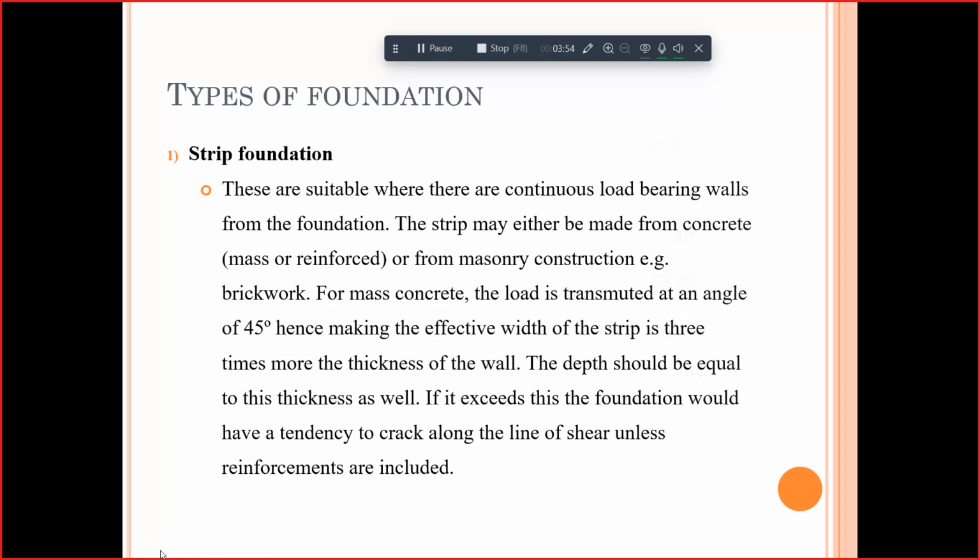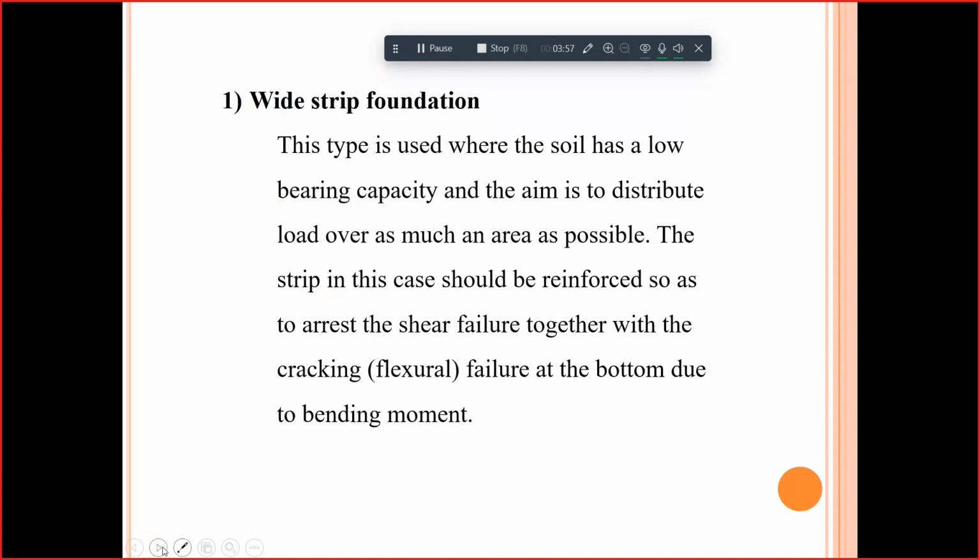Okay, maybe we can move to the wide strip foundation, and I may request Festus to tell us which type this is and where it is applicable. This is wide strip foundation. This type is used where the soil has a low bearing capacity, and the aim is to distribute load over as much an area as possible.